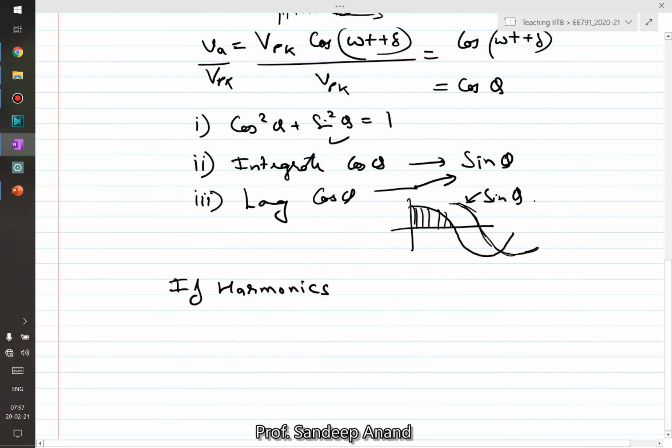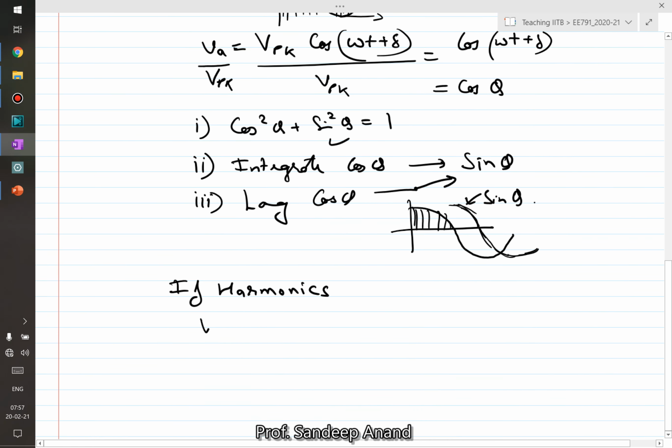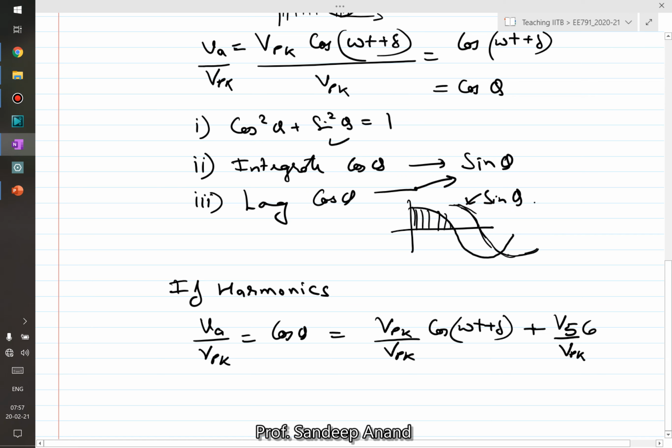In that case you would see that your VA divided by V peak, which we were assuming to be cos of theta, would actually be V peak by V peak cos of omega t plus delta, plus, let's say, some fifth harmonic component divided by V peak into cos of 5 omega t plus delta.